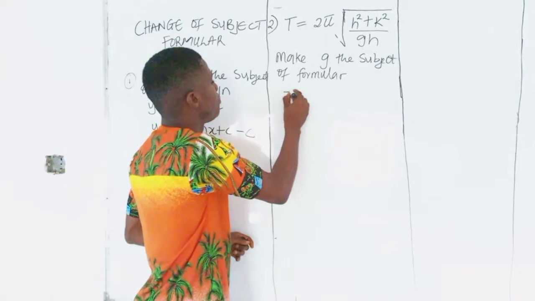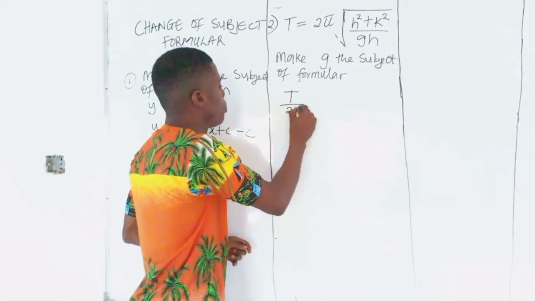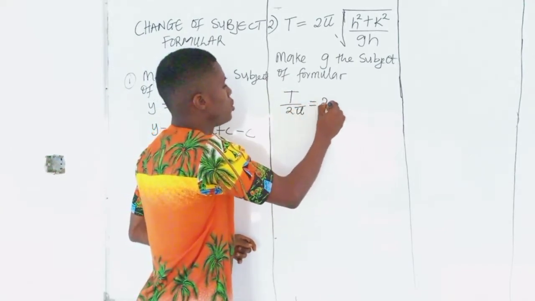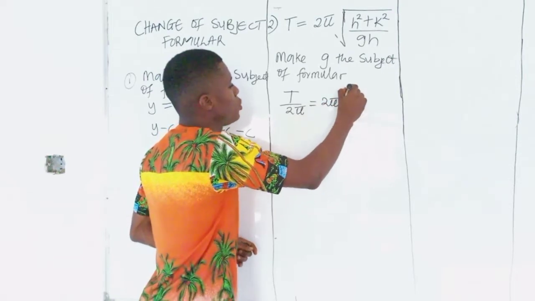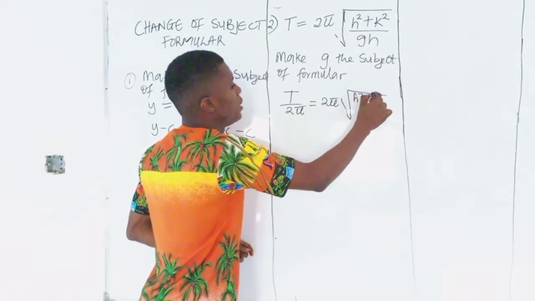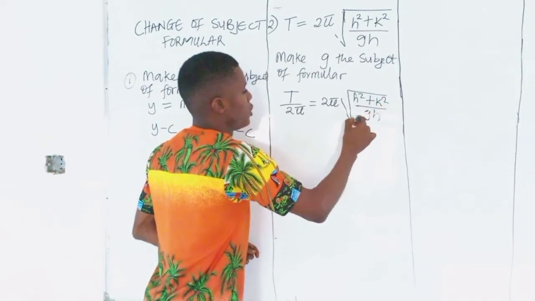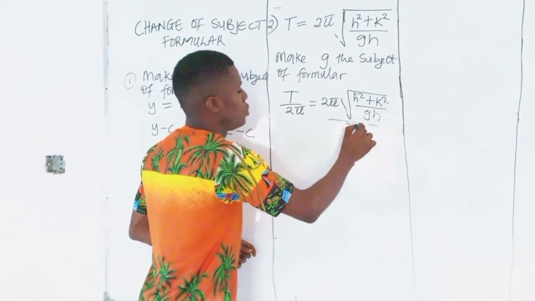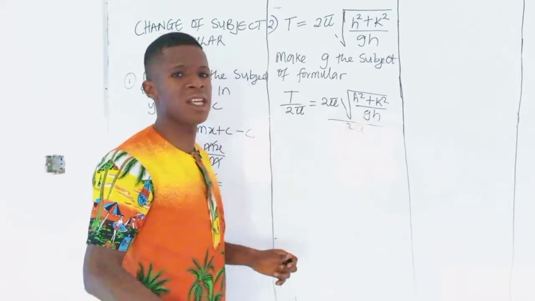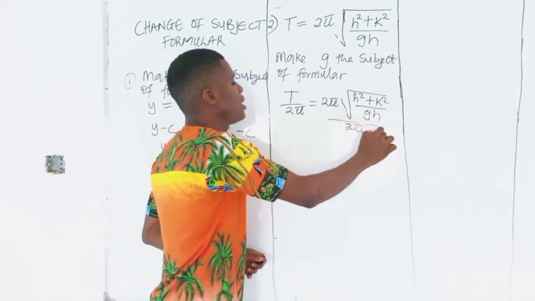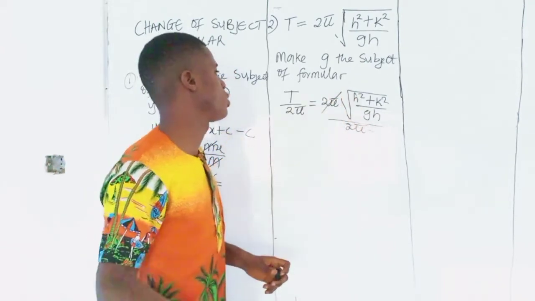So I have t over 2 pi is equal to 2 pi square root of h squared plus k squared all over gh, divided by 2 pi. At this point, you can see that this 2 pi can cancel out this 2 pi.